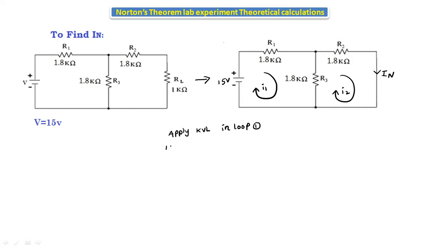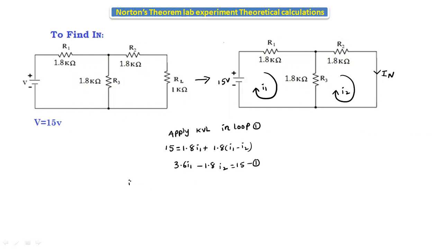We will get 15 is equal to 1.8 into I1 plus the common resistor is 1.8 into I1 minus I2. If you simplify this, we will get 3.6 into I1 minus 1.8 into I2 is equal to 15. This is equation number 1.